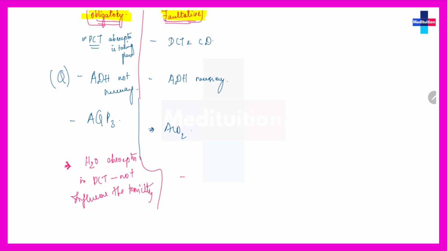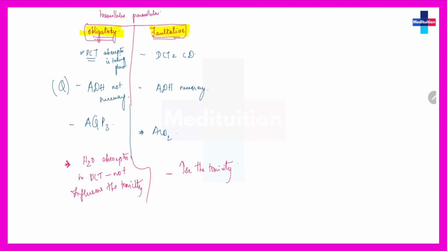What about facultative? It will influence it, it will increase the tonicity. These are the few differences you have to know in the regulation of H2O. Please remember ADH is not important for the obligatory mechanism.